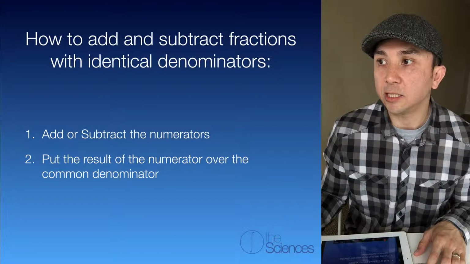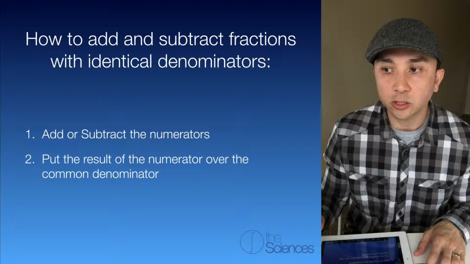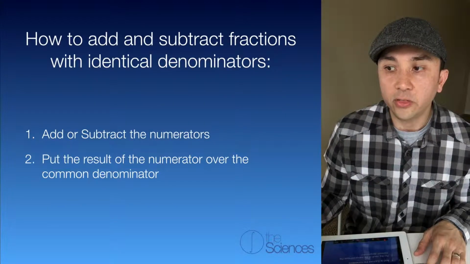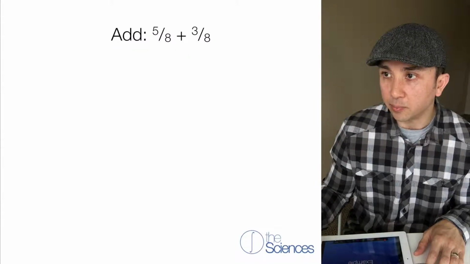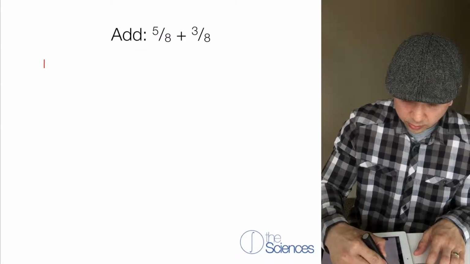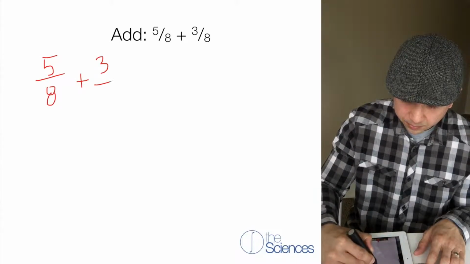Now here's how we add and subtract fractions with identical denominators. We're going to add or subtract the numerators, and then we're just going to place the result over the common denominator. Let's go over an example. Let's add 5/8 plus 3/8. So we're going to have 5/8 plus 3/8.